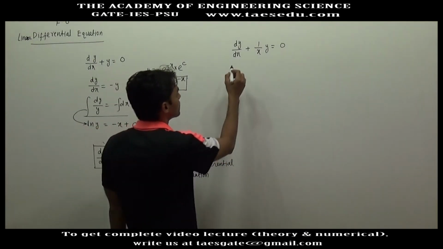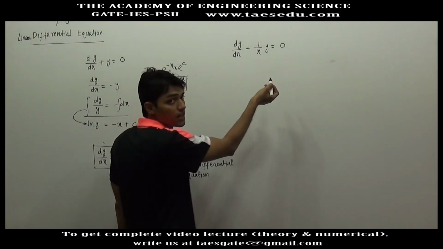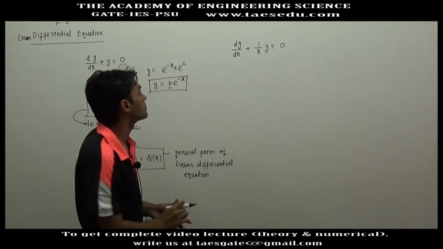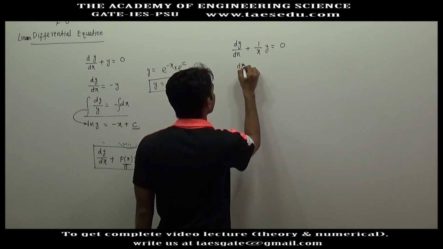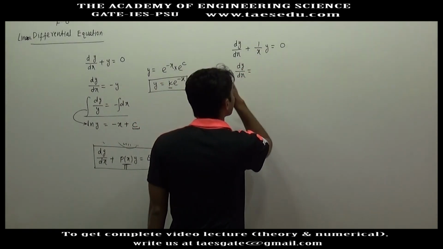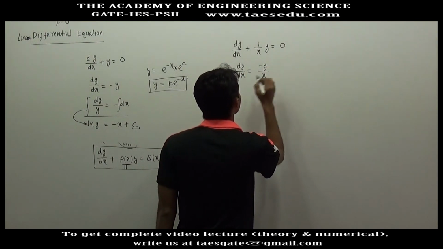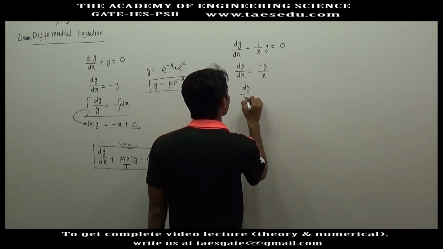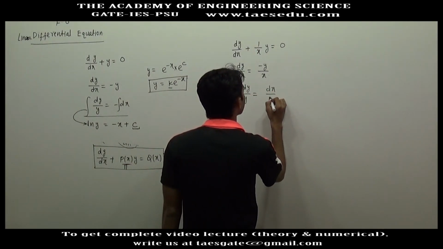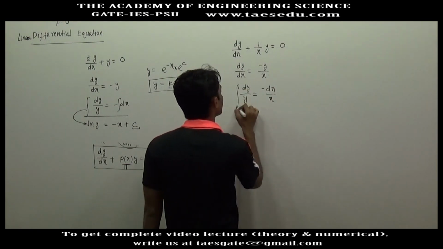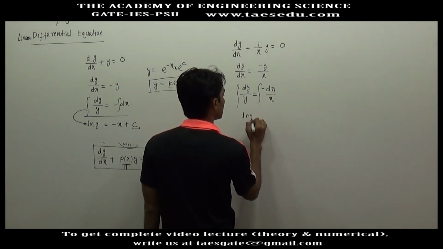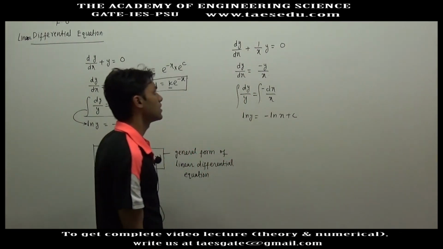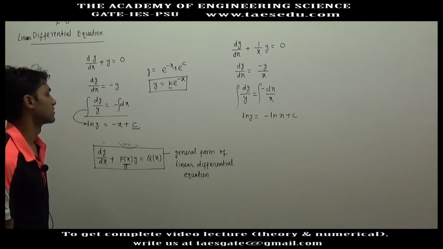So first we will check whether we are able to find out y in terms of x easily or not. Here we have dy by dx is equal to minus y by x. So we have dy by y equal to minus dx by x. If we integrate both sides, here we will have ln y equal to minus ln x plus c. So here also we are able to integrate it very easily.